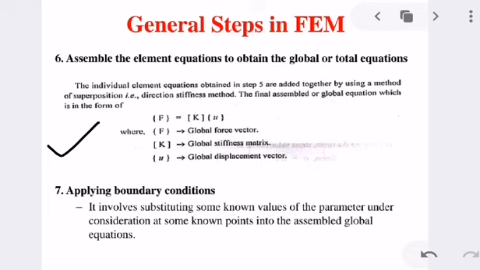After attaining the global equation, we will apply boundary conditions. Boundary conditions involve substituting some known values of parameters under consideration at some known points into the assembled global equation.